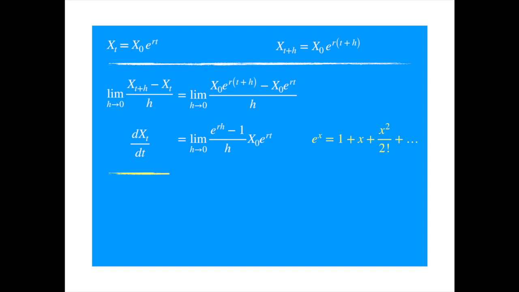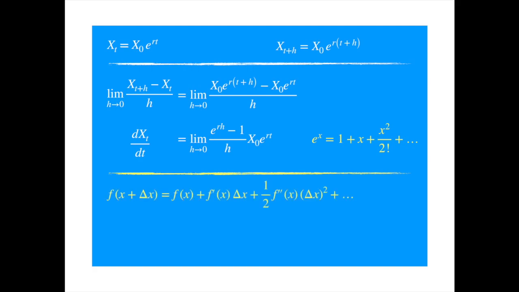To see this, let's recall the Taylor series expansion of a function f around x. Now our function is e to the power x, and all its derivatives are also equal to e to the power x. So this becomes, now set x equal to 0 and you get the series expansion of e to the power x.